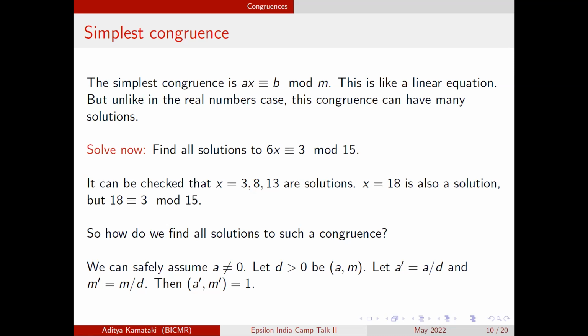And as some of you already talked about cancelling the 3 out of the equation, for instance, that is what we want to do, essentially. So we'll introduce some notation: divide a by d and call it a prime, and divide m by d and call it m prime. Now you see that if I've taken the GCD out, then the GCD of a prime and m prime is 1. There are no other factors to be divided.